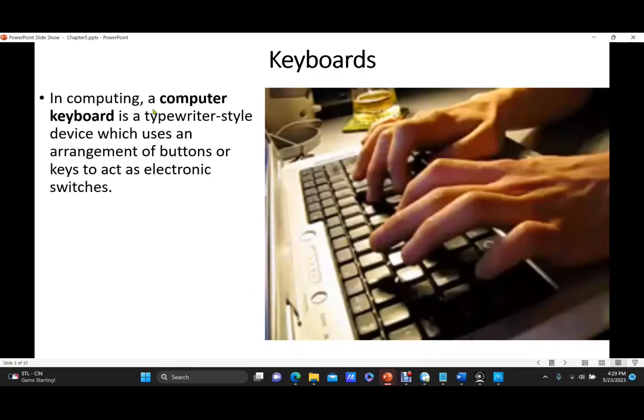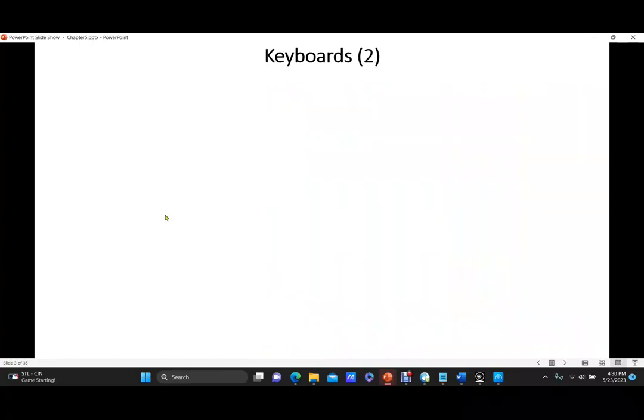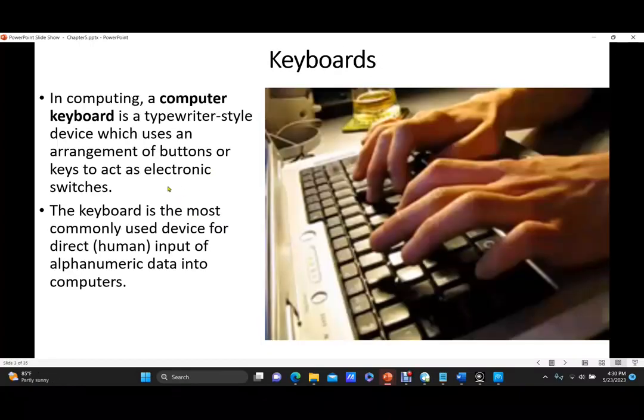A computer keyboard is a typewriter-style device, uses buttons or keys acting as switches. The keyboard is the most common input device for direct input of alphanumeric data into the computers.